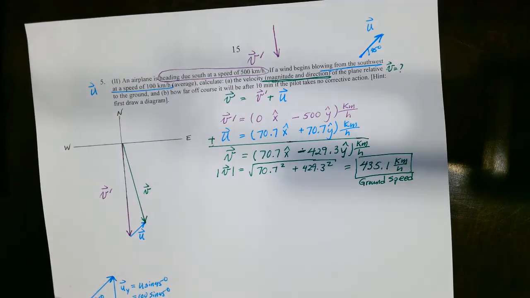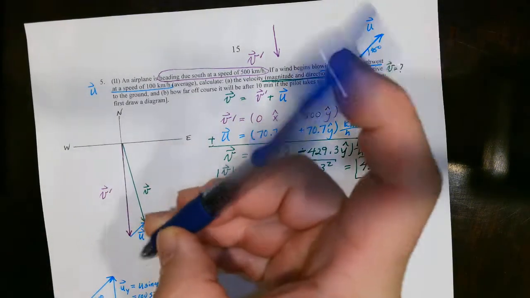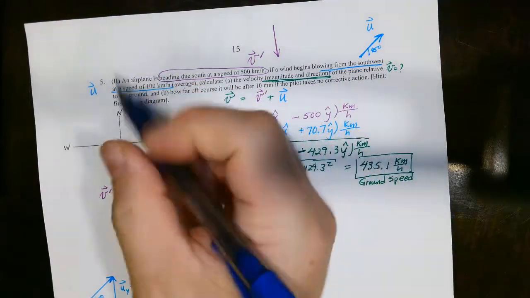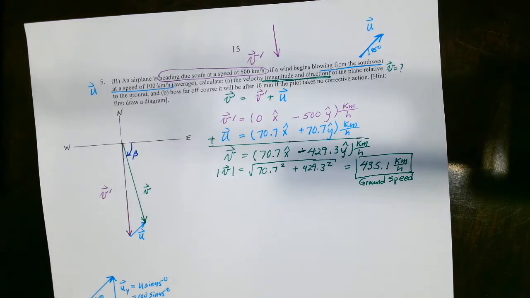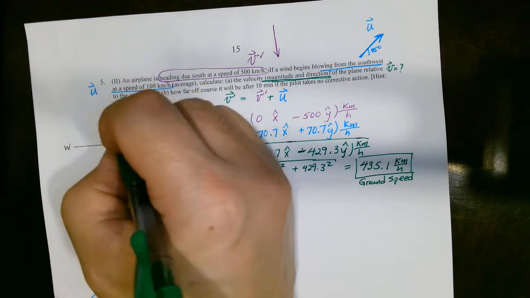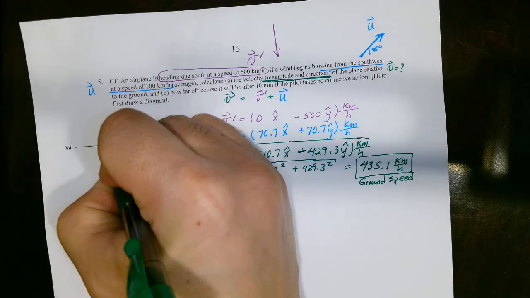One way is to calculate this little reference angle here. I could call that beta. But the proper angle theta is basically this whole thing right here.